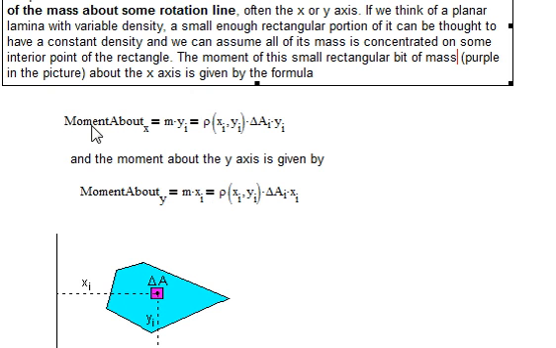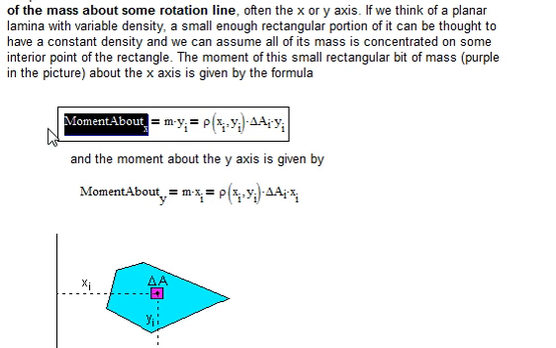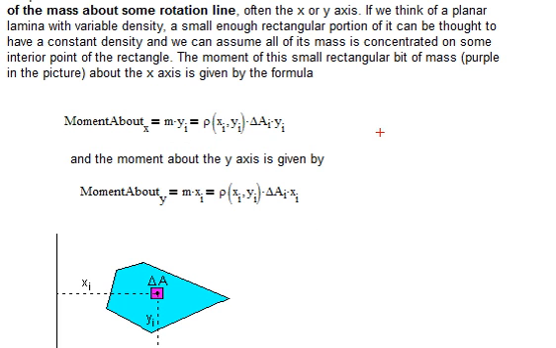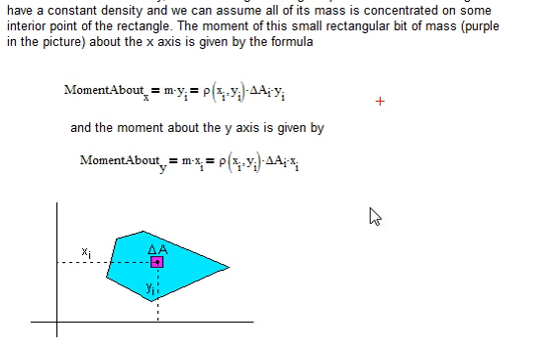The moment of this small rectangular bit of mass is given by this formula. The moment about the x-axis is m times y sub k, and the mass of the object is rho times the area of the rectangle. Maybe I should have called that y sub i. Here's how I hope to describe this.